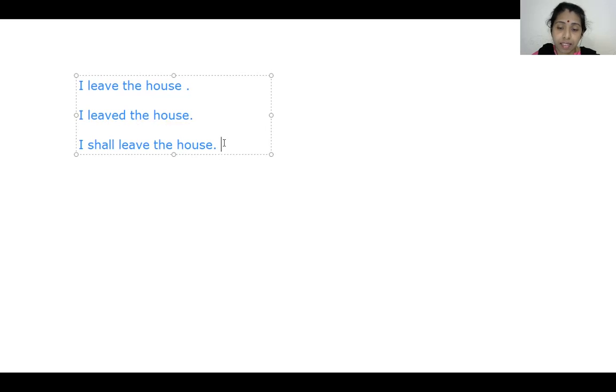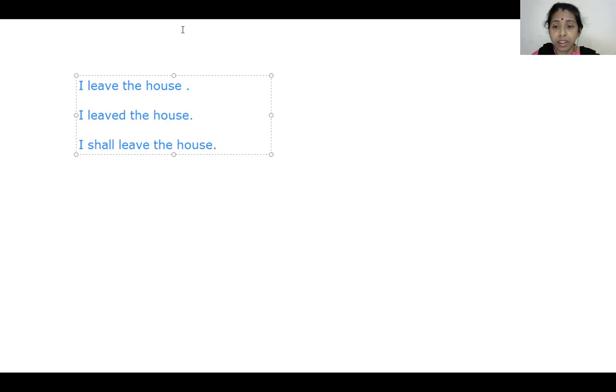Here, this sentence is saying that the action or the work will happen in the future or later on. It is not started yet. That's why I use shall with the verb leave, and it is indicating the future tense of the verb. I shall leave the house.